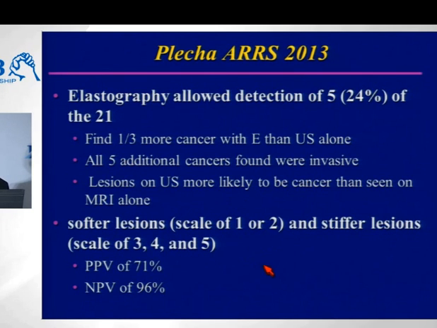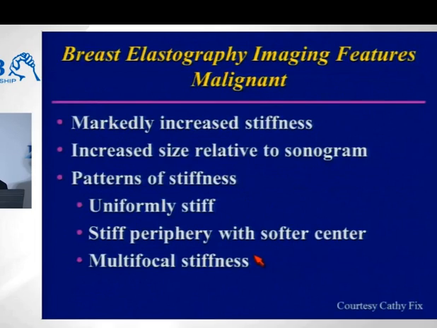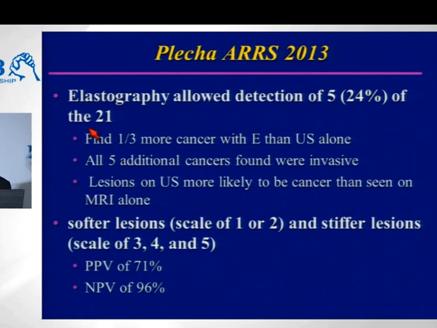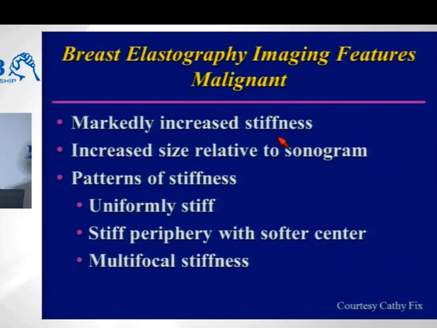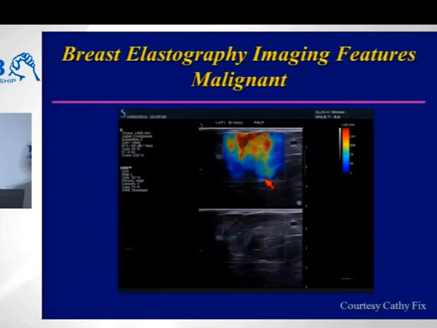They looked at how many cancers they found on second look ultrasound, and out of the 21 cancers they found, 5 of them, they found a third more cancers with elastography than with ultrasound alone. So the malignant features would be increased stiffness, increased size, and patterns of stiffness.